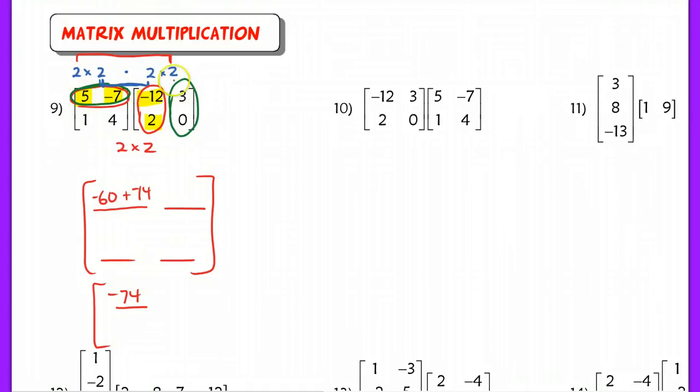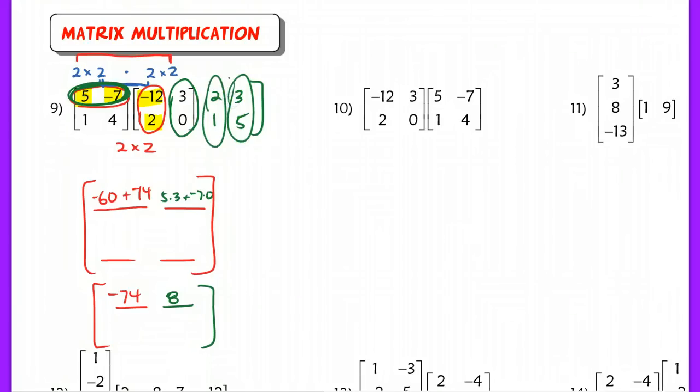So now I take 5 times 3 and add negative 7 times 0, and when I add 15 and negative 7, I get a positive 8. Okay? Now I'd repeat that same process. If I had more columns, I would take that same exact row and multiply it by each of these columns and continue throughout. But I've exhausted all the columns, meaning there's only 2. I've exhausted both of those.